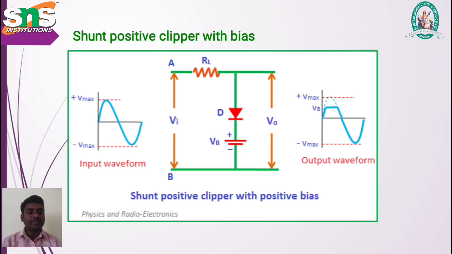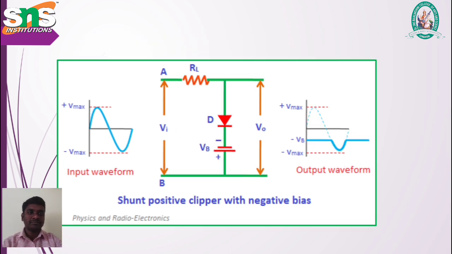We will get the output where part of the positive half is cut off, and all the remaining signal appears as output. This is the positive bias with the shunt positive clipper. Negative bias is the opposite: the positive half is totally cut off, and half of the negative half cycle is cut off, and we get an output like this.